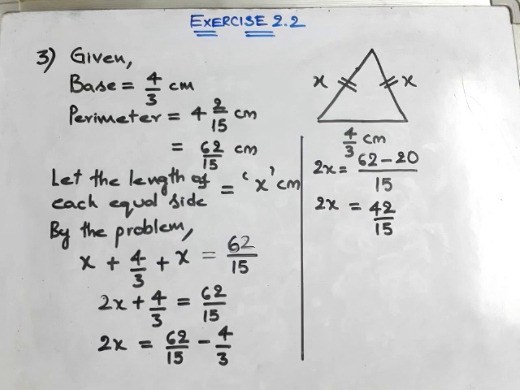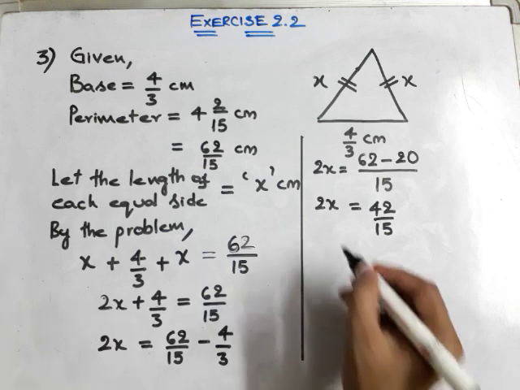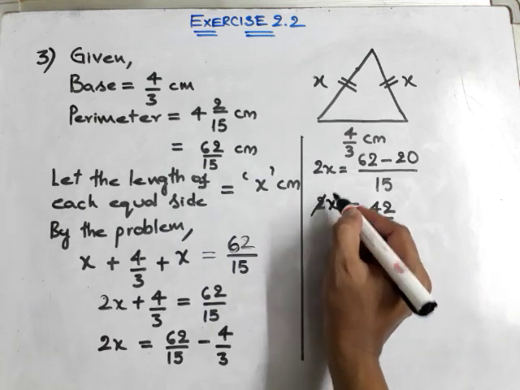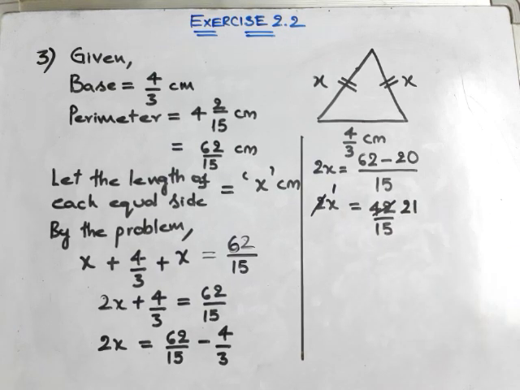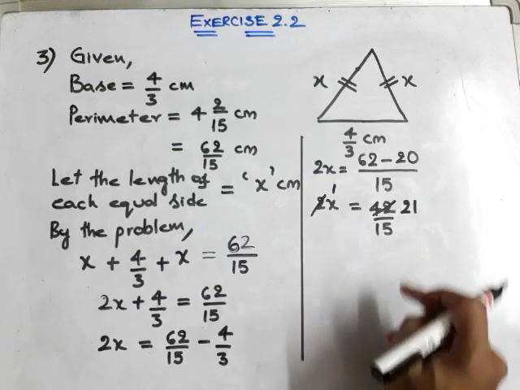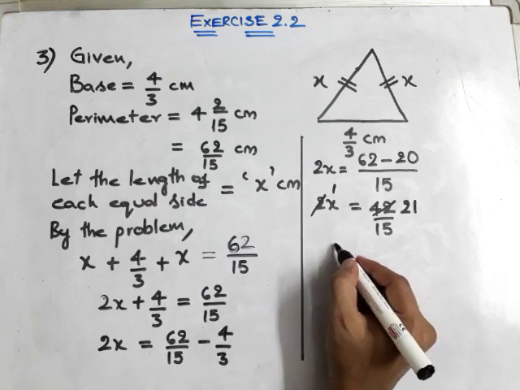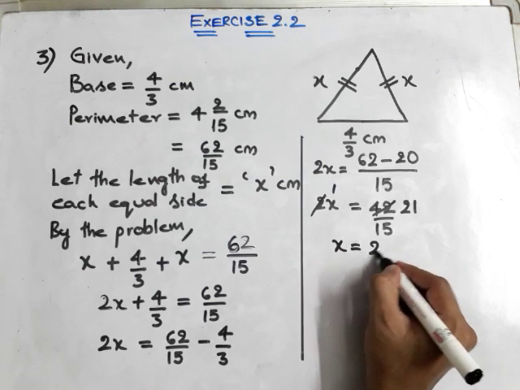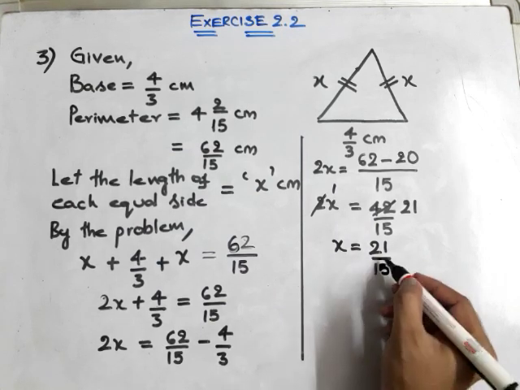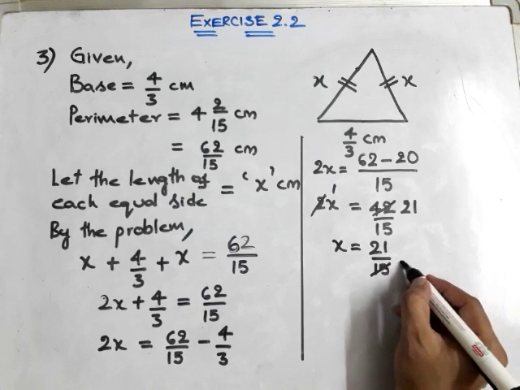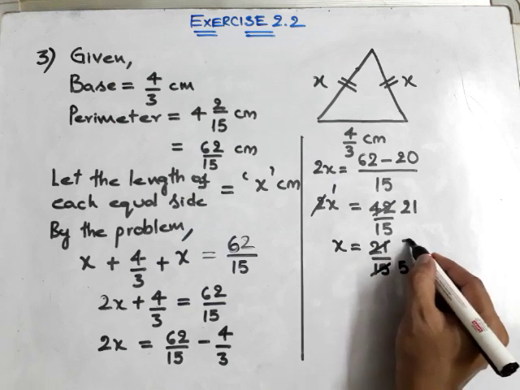As we have a chance to cancel here, 2 ones are 2, 2 tens are 20, so 21 and 15 we can cancel. Just for understanding, x is equal to 21/15. Again, 3 fives are 15, 3 sevens are 21.